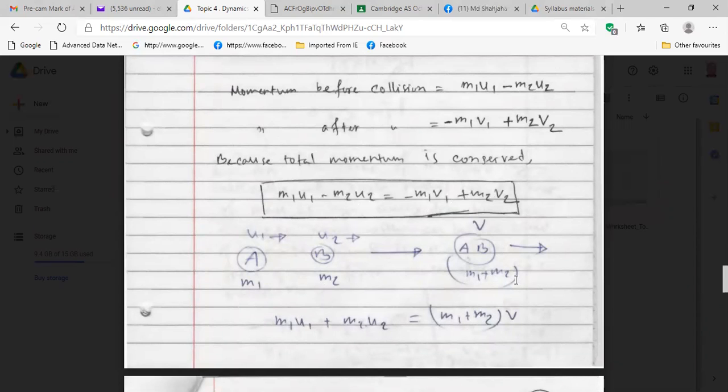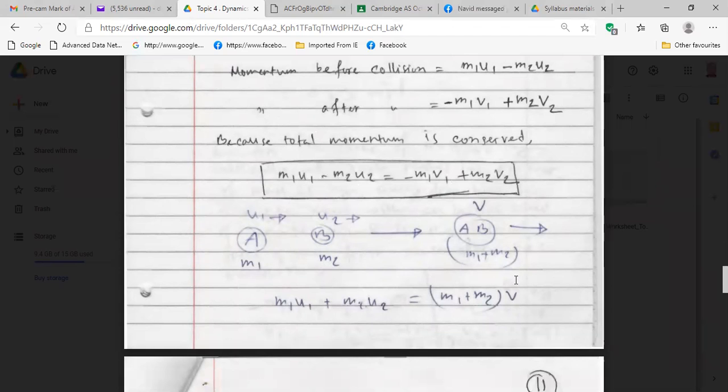Then we have another condition, like two objects A and B going in the same direction. B has less speed and A has more speed. That's why A will collide with B, and they will join together.